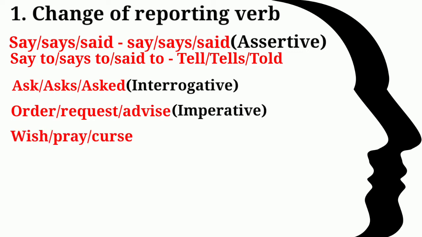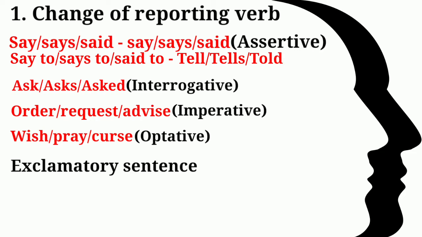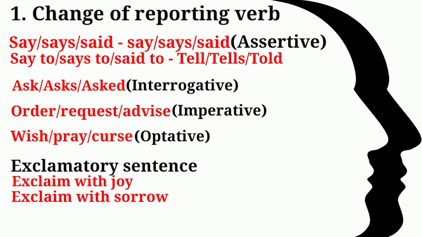In imperative sentence, it will be order, request, or advice. And in optative sentence, wish, pray, curse, etc. will be written in place of reporting verb. And exclamatory sentence will have exclaim with joy, exclaim with sorrow, exclaim with surprise, etc.